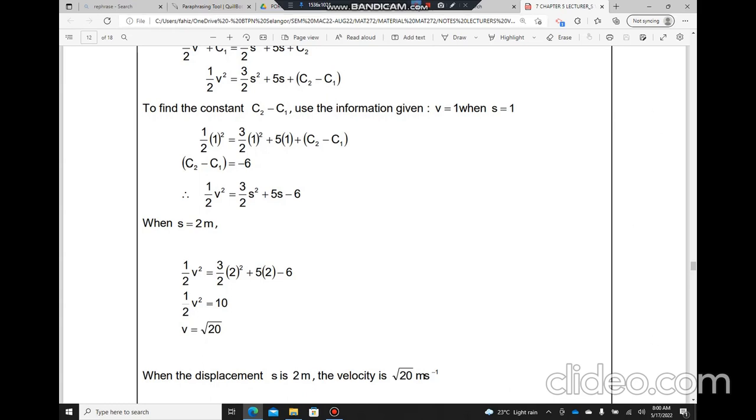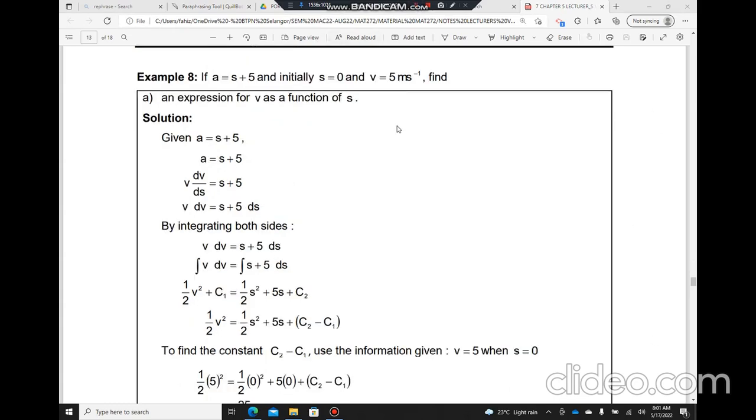Okay, next, same with example 8. Example 8, dia bagi A, which is acceleration dalam sebutan S. A equals S plus 5, and initially S equals 0 and V equals 5 ms negative 1.